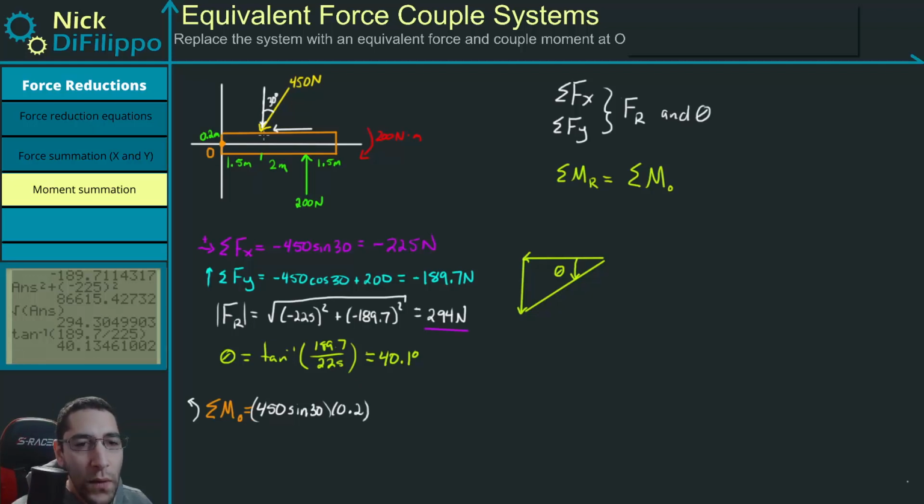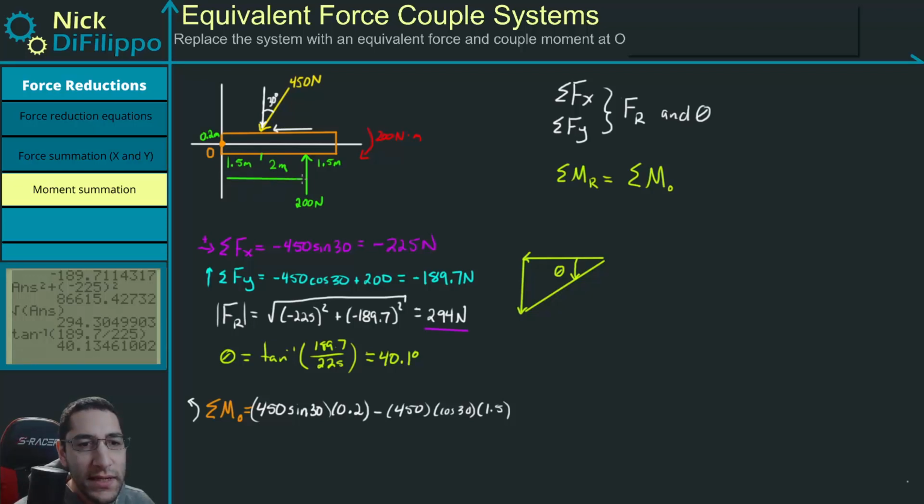Okay, now let's do the y. The y is going to rotate tail first, so it's going to be minus 450 times the cosine of 30. And this distance is 1.5 meters. That perpendicular distance right here is 1.5. Okay, now we need to do this 200 Newton force. Well, the 200 Newton force is only in the vertical direction.